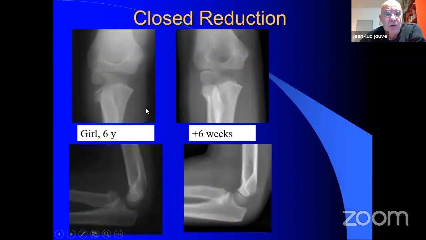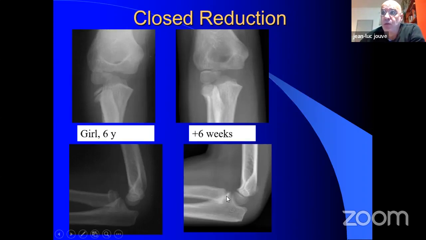An example of closed reduction: you see this girl, 6 years old, with an angulation of 45 degrees. When you push the epiphysis, you obtain a reduction. When the surgeon pushes the radial head with the thumb, we can obtain, in most cases, a satisfactory reduction.